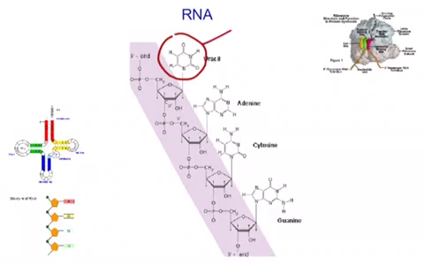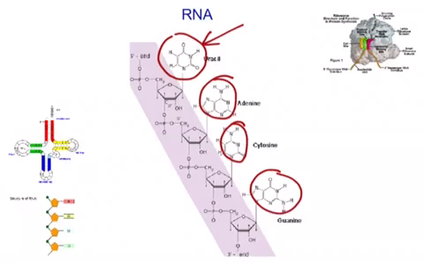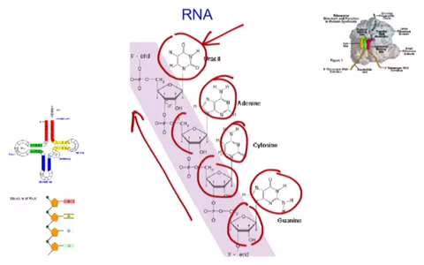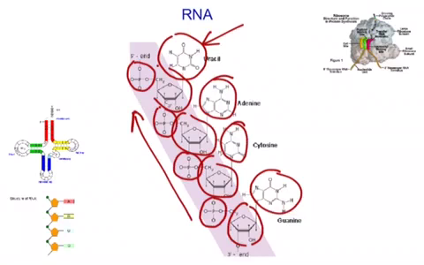So these components here are the bases: uracil, adenine, cytosine and guanine. You can see then up the side of the RNA molecule you have your ribose sugars here, and each of these is joined by a phosphate group, PO4, shown here.